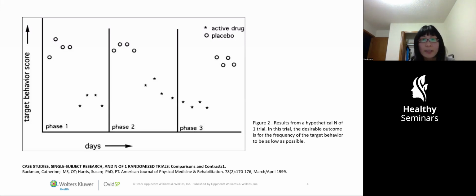And it also takes quite a bit more commitment for the clinician and for the patient to collect the data. But among the three designs I'm talking about, this one does provide the most objective data to help assess the outcome of the treatment, whether it's beneficial or useful or not.